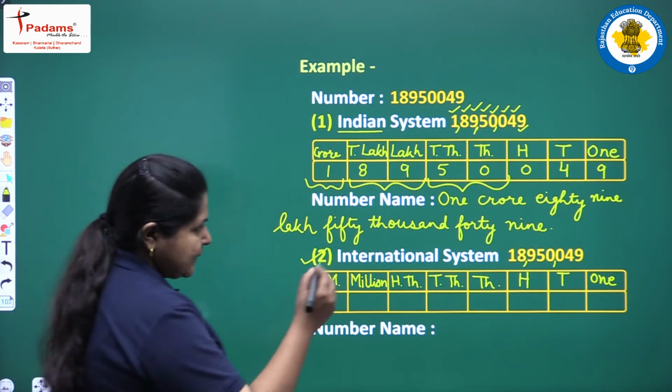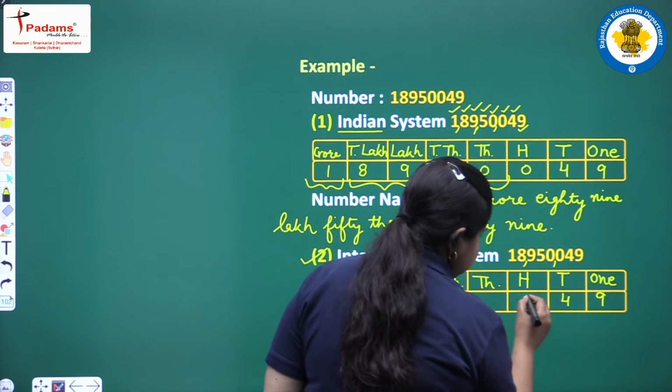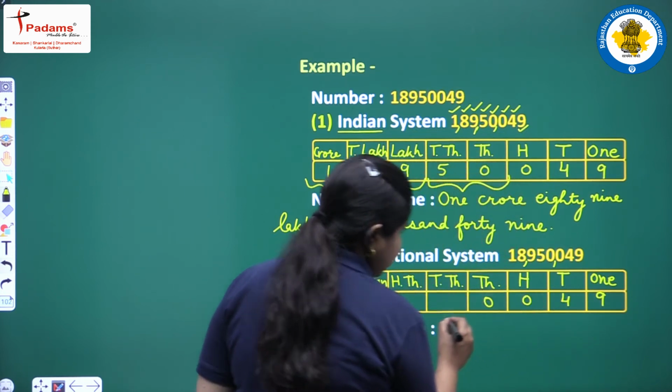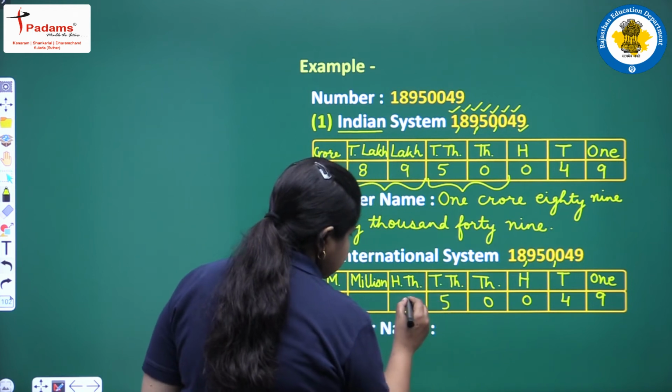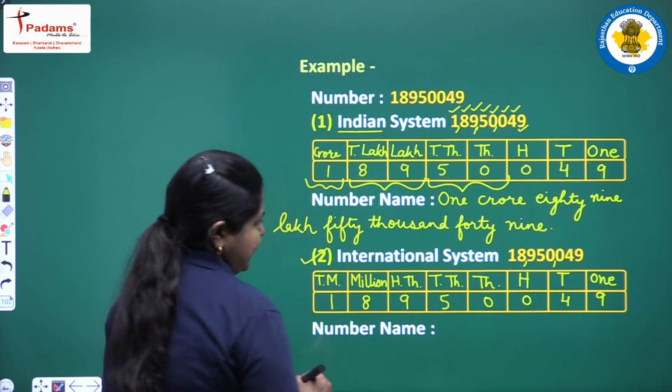Okay, now we fill up the digits. 9, then 4, then 0, again 0, then 5, then 9, 8 and 1.